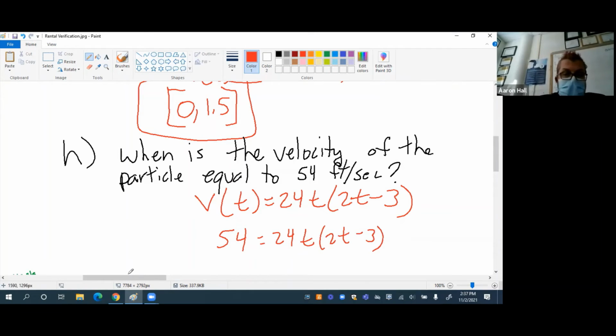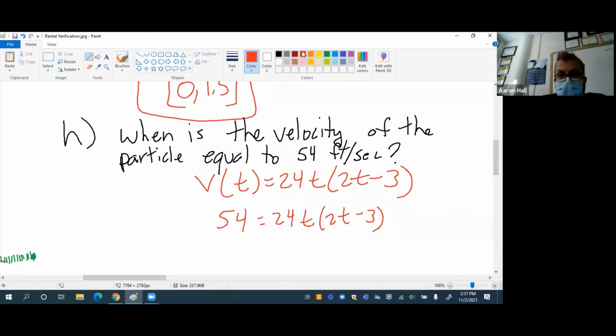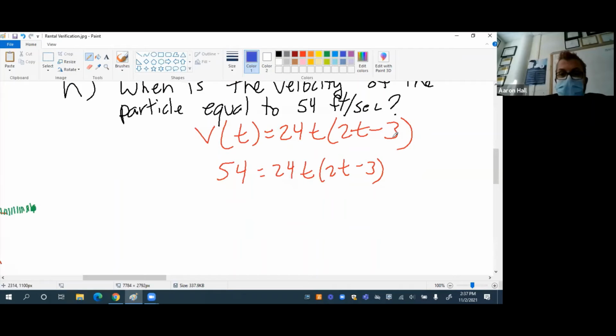I actually think it'd be easier to use our other equation before we factored. Otherwise, we have to think of what's a t value that gives me 54 over here. That's going to be very difficult to try to figure out. It's easier if it's 0 over here. So let's just distribute that back.